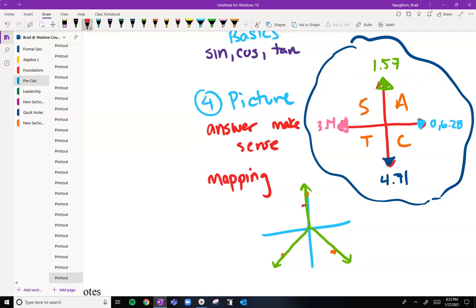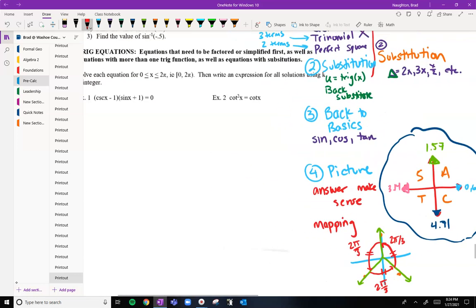Make sure when you do your mapping that this distance and this distance are the exact same amount, because if one is pi over 6 and the other one is pi over 3, that is not going to match. They have to be the same all the way around for that to work. We see a lot of this with 2 pi over 3. That's the one that we tend to forget. So definitely keep the picture aspect in your wheelhouse.